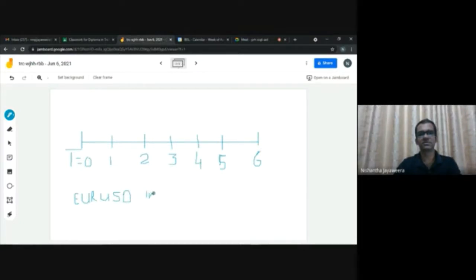Euro 1 million. What does it mean? Then you calculate based on the spot price. If this is Euro 1 million, what is the dollar equivalent? Say it is $1.2 million, because the exchange rate is 1.2 as at today, at time 0.